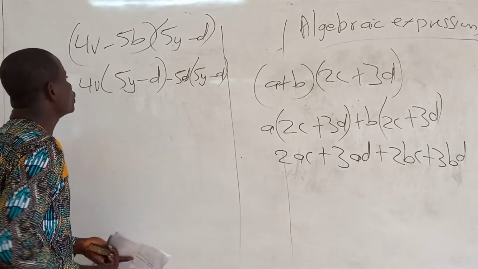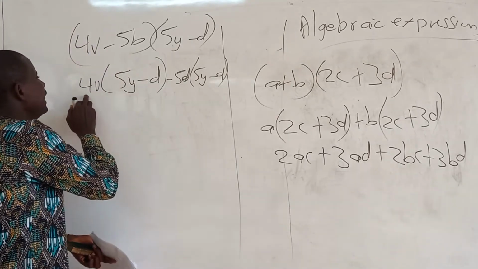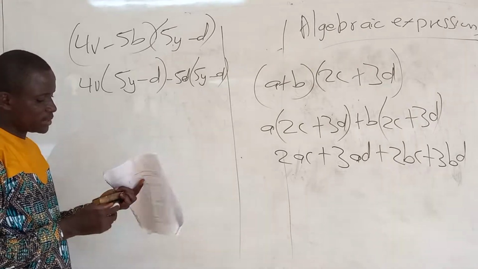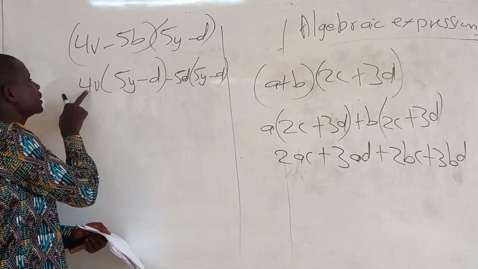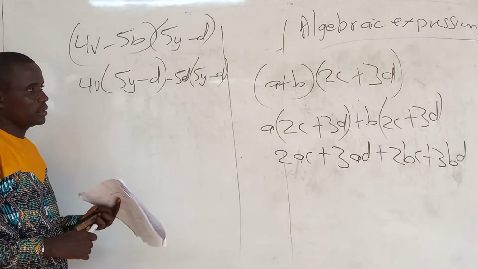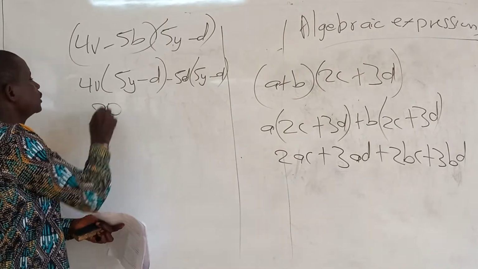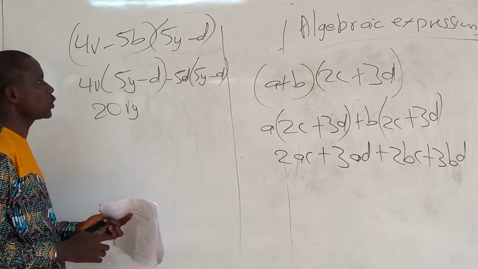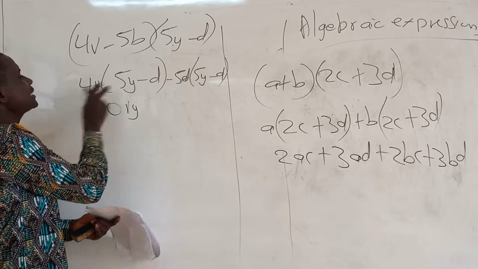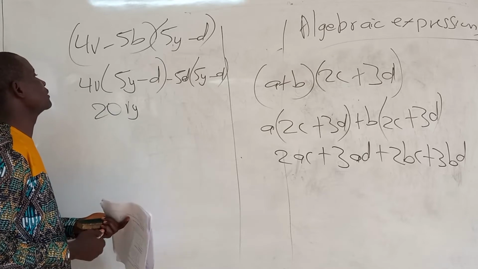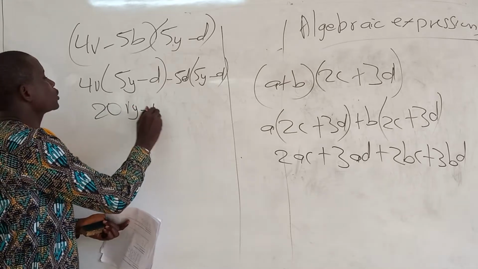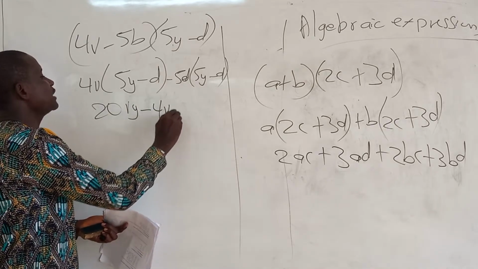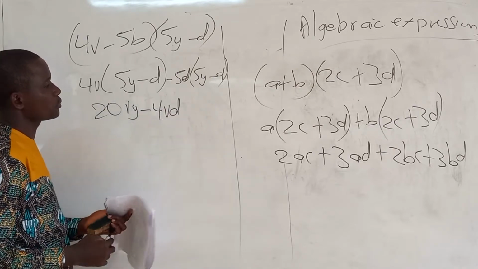Now let's see how we're going to expand this. I want to multiply this. How do you go about it? Look at the numbers. You have 4 times 5, which is 20. Then the letters are b, y. It's not difficult. So I have 20by. Then minus 4bd, or db, any of them goes.